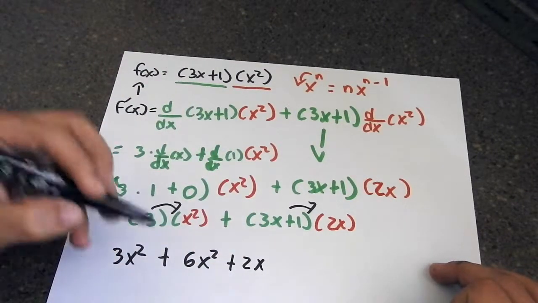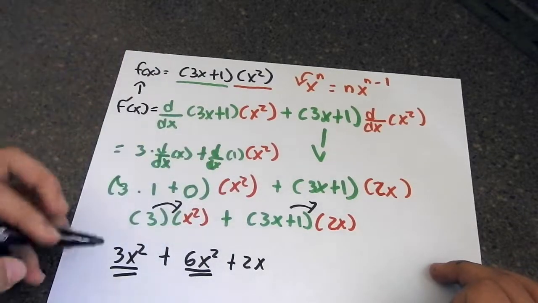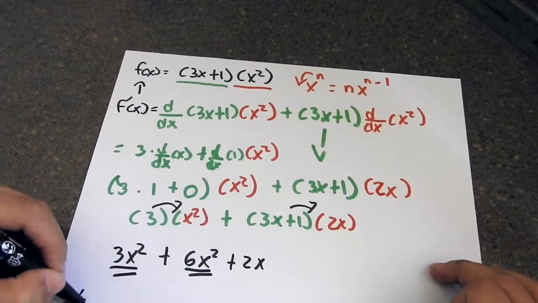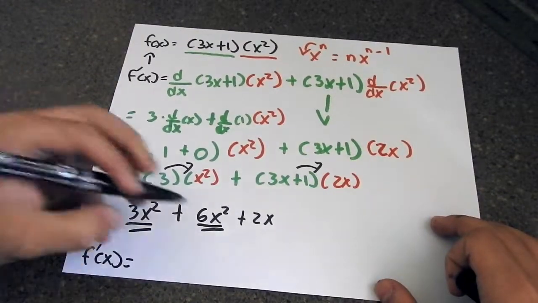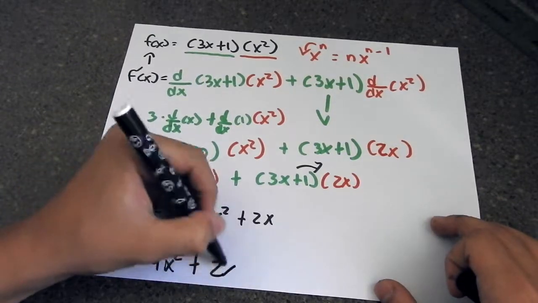So now here we have like terms, and we just simplify. So we say finally that f prime of x is going to be equal to 9x squared plus 2x.